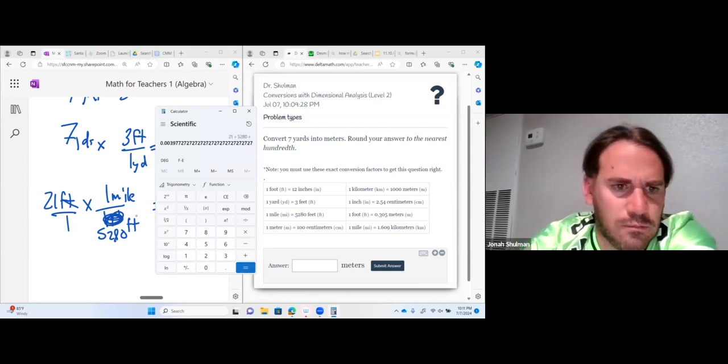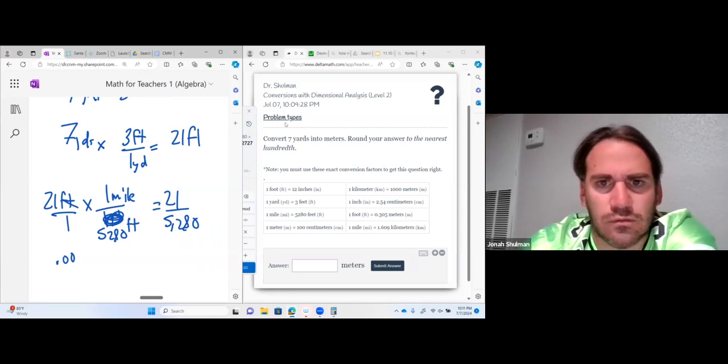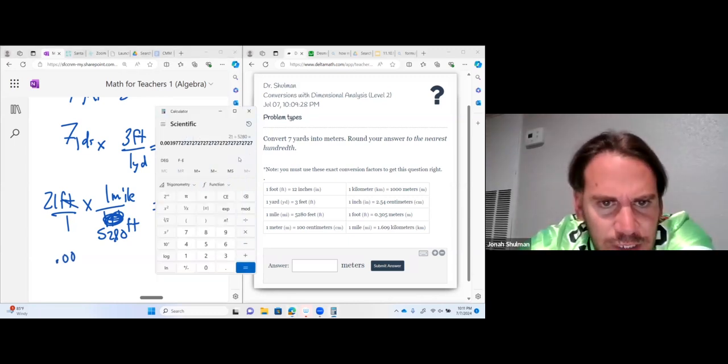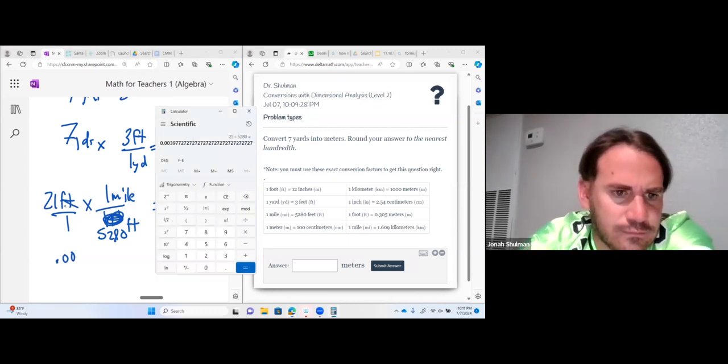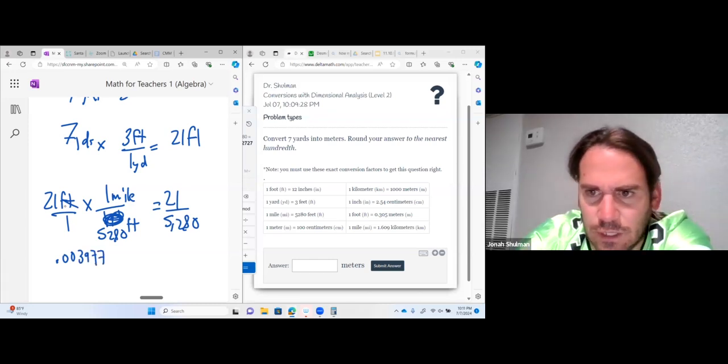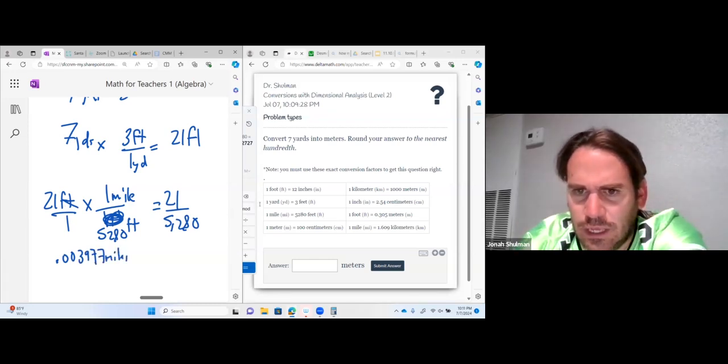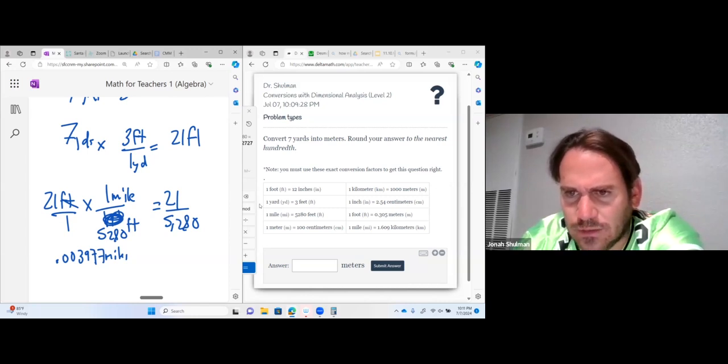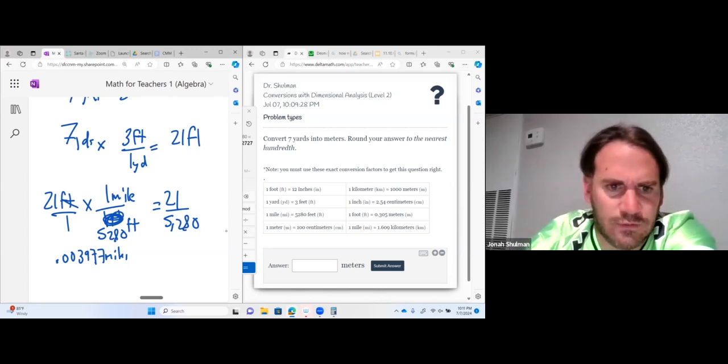So that's going to be 0.003977. That's how many miles we have, okay? So we have this in miles. Then we can take miles and turn this into kilometers. We have to multiply this.